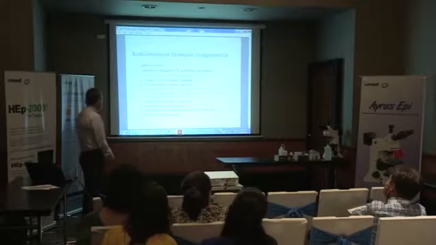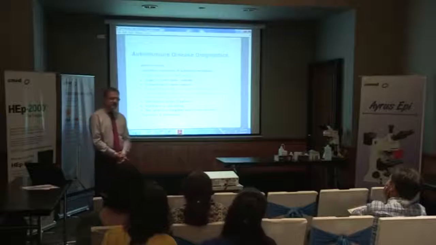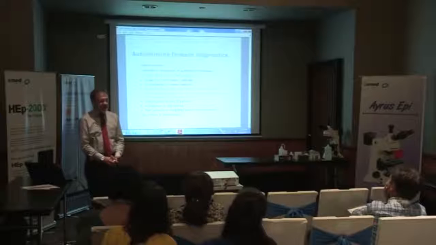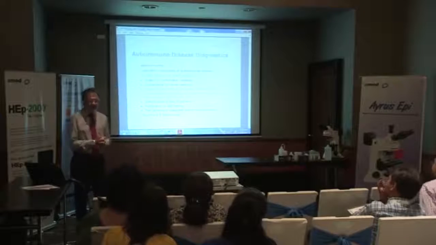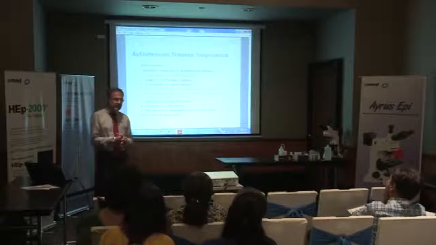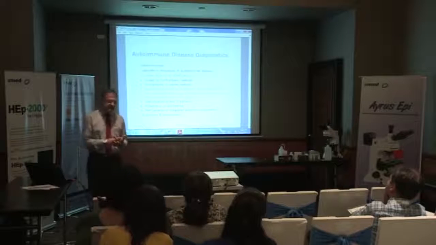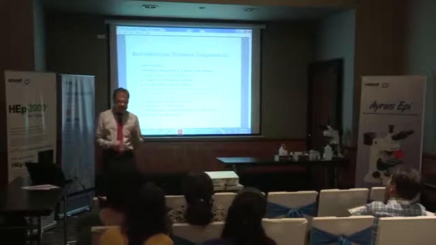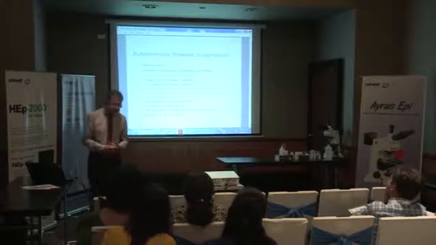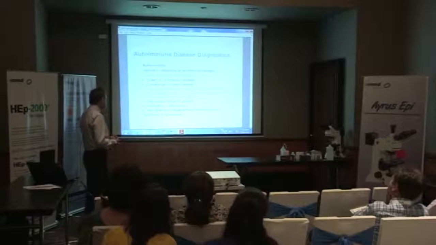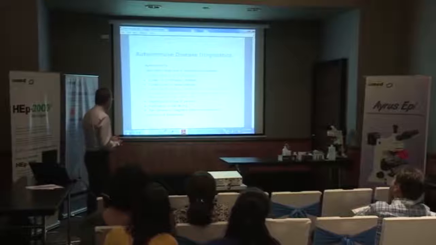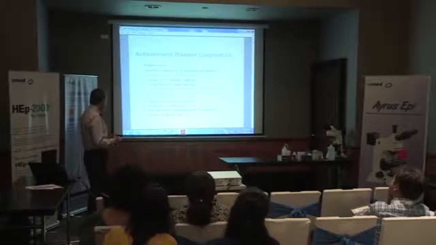Then there are some guidelines which have been recently published. In 2014 and 2015, two very good guidelines have come, and in fact that has put the confidence back into immunofluorescence. Then the identification of some new patterns which have been given in the guidelines.